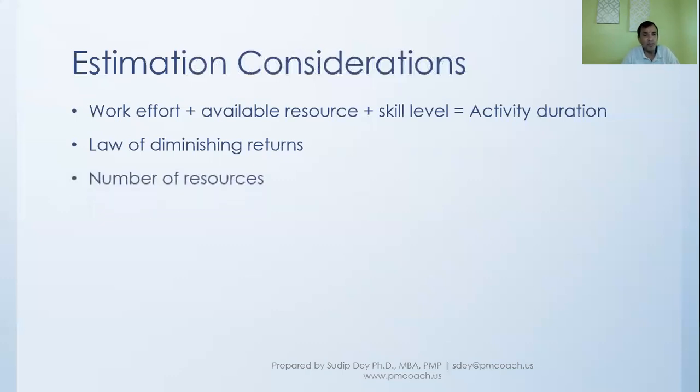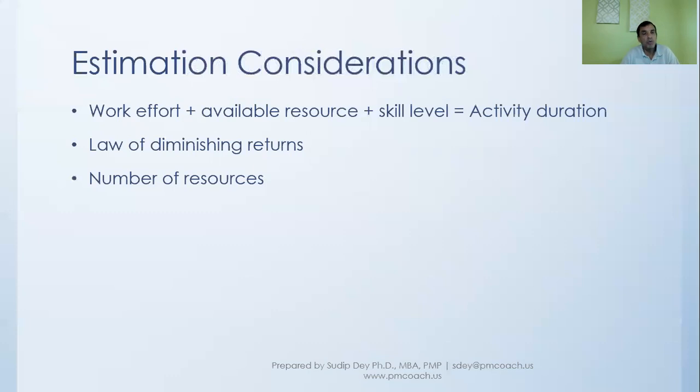Then there's a concept of number of resources. Let's say we found that if we employ one person, this particular work activity will take 15 days. Now, it doesn't mean that if we employ 2, it will be 7.5 days, or if we employ 15, it will be 1 day.